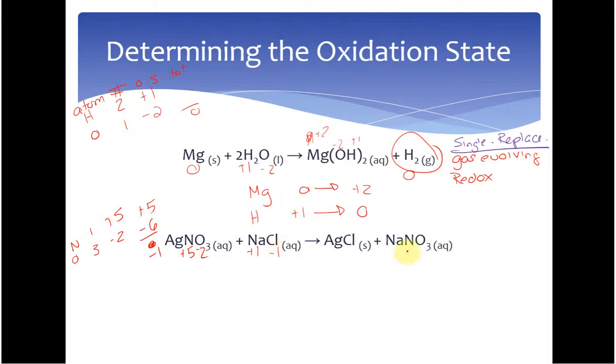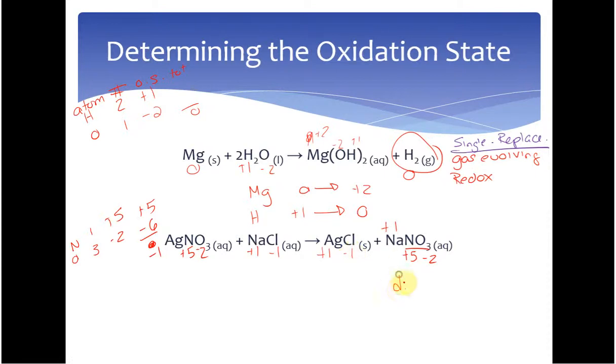Now over here, this is nitrate, so it stays the same as plus 5 minus 2. Anywhere you have a nitrate ion, those oxidation states are going to be the same. Group 1 metal is plus 1. Inside this compound, I don't know if you remember, but silver is always plus 1 in terms of a charge, so its oxidation is going to be plus 1, which means chlorine has to be minus 1.